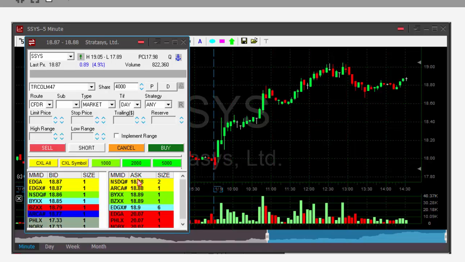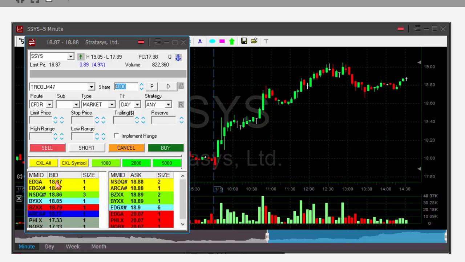Well, the basic thing is, first you need to define or set up your platform in a way that it really is according to the number of shares that you're trading. For me, for example, my default, if I click the D button over here, is 4,000 shares and market.